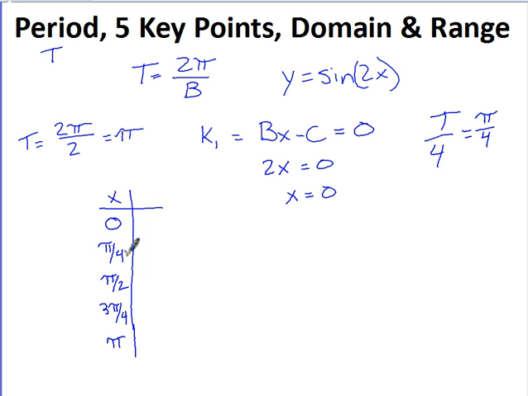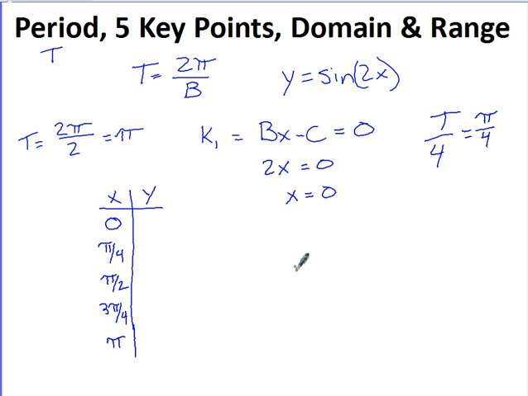So now I have 1, 2, 3, 4, 5 key points. And to graph this, all I would have to do is take these numbers and plug them into whatever equation it is that I'm trying to graph. But I'm going to give you a shortcut.